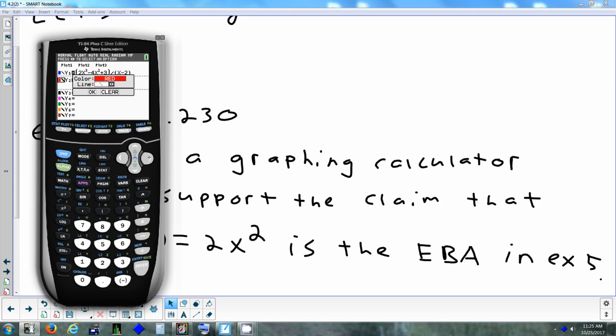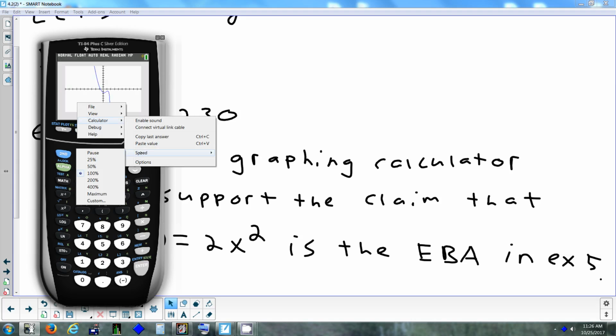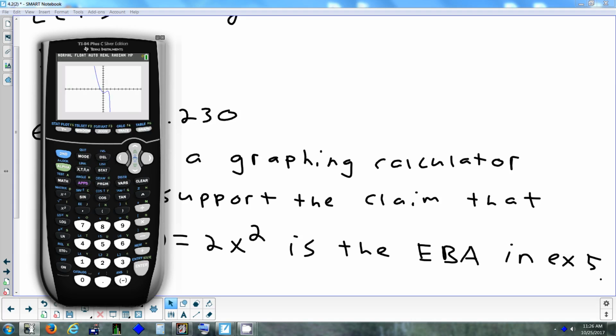I have a couple choices. I'm going to do the small dots rather than the bigger dots. Okay, let's do zoom 6 and see what we got. I think I'm going to have to zoom out a little bit for you to see what's happening. You're going to be able to see kind of what's happening on the left, but not so well on the right.